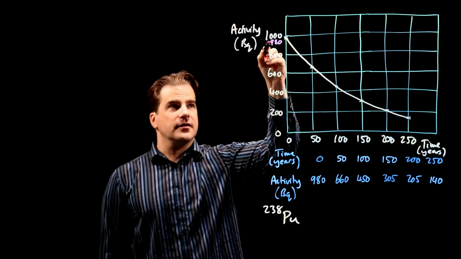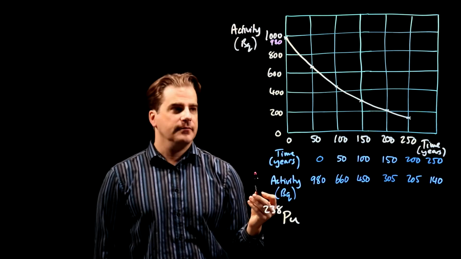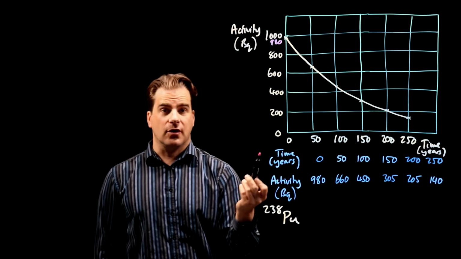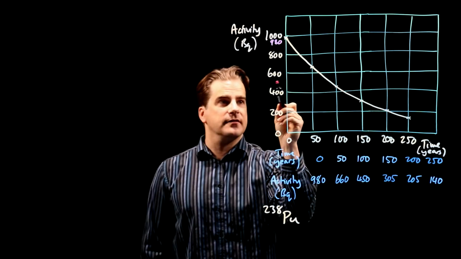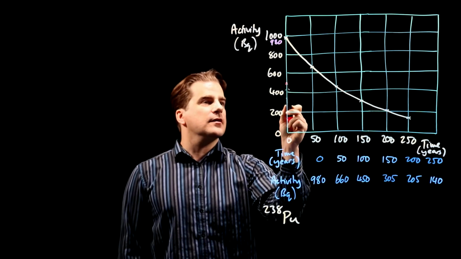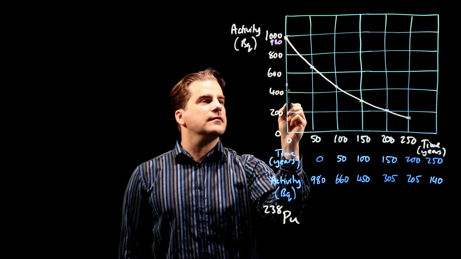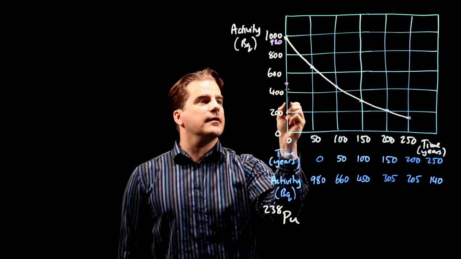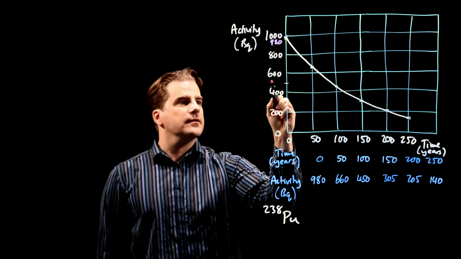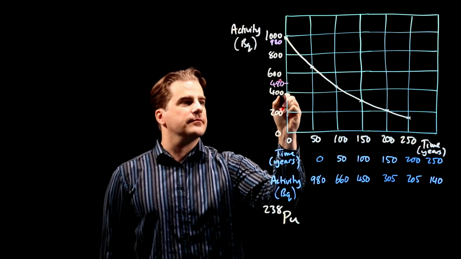So take that activity and divide by 2, and that gives you 490. And mark that on the y-axis. So 500's there, 490 would be about there, okay? 490.